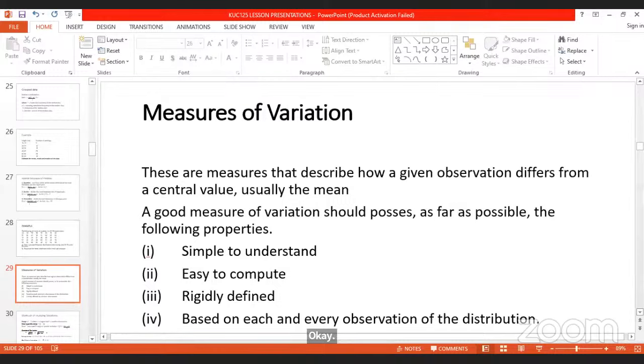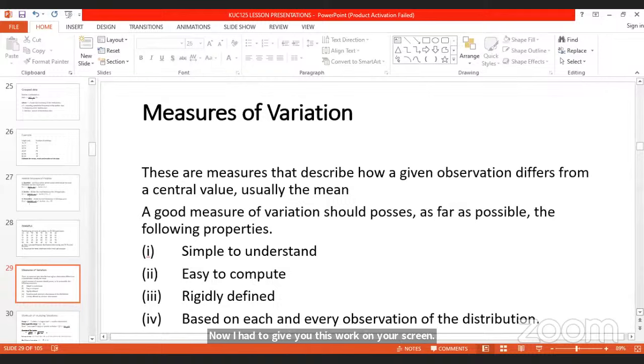A good measure of variation is simple to understand because it has to explain to us in simple terms where the differences occur from the mean. It should be easy to compute and should be rigidly defined. To this end, each and every observation of the distribution should be affected by the measure.